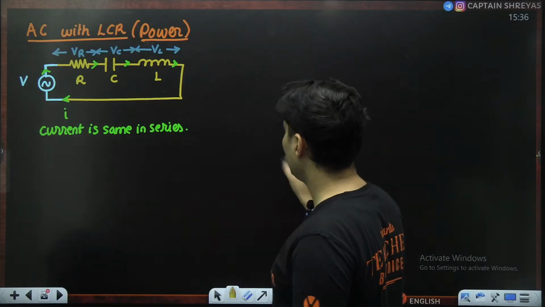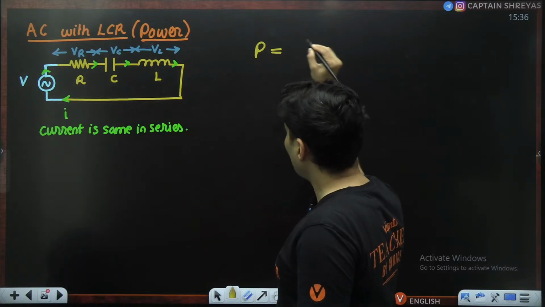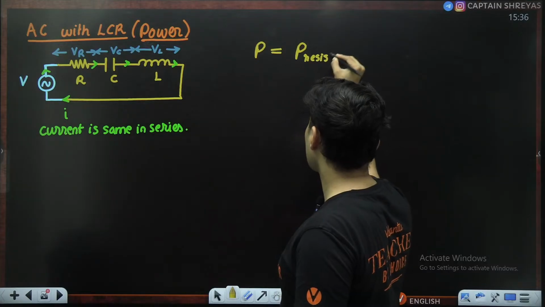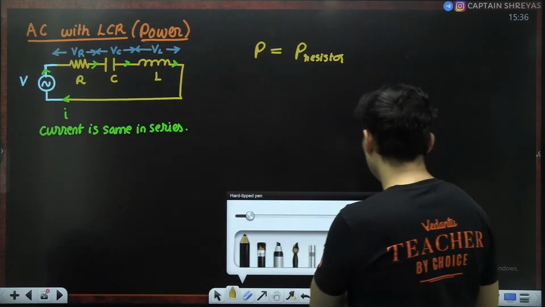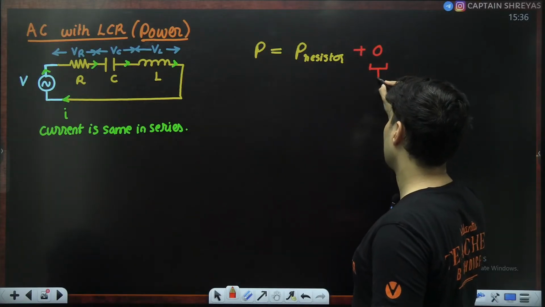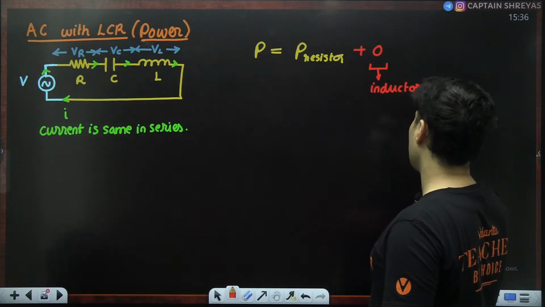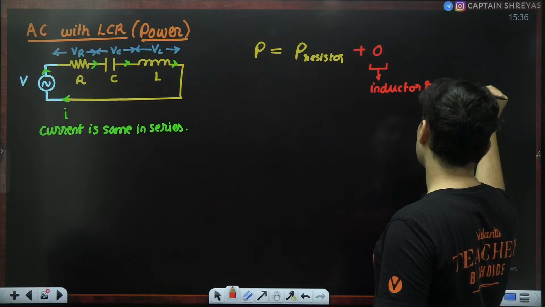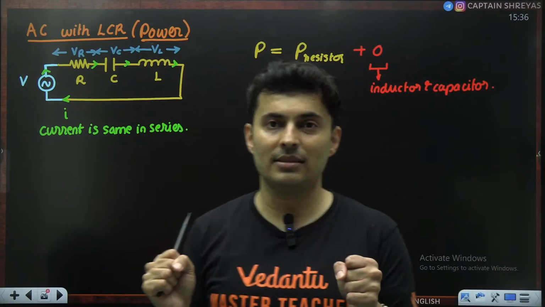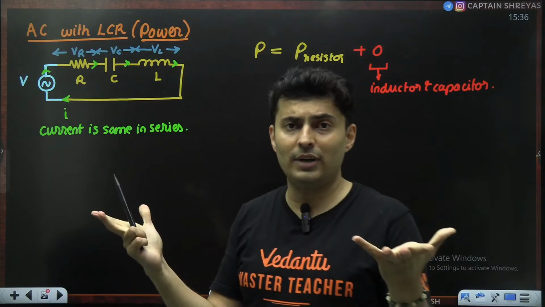P will be lost only across the resistor, because I have already told you that across the inductor and capacitor, losses can't happen. Capacitor and inductor are energy storing devices. They will store energy in electric and magnetic fields. They can give it back also.